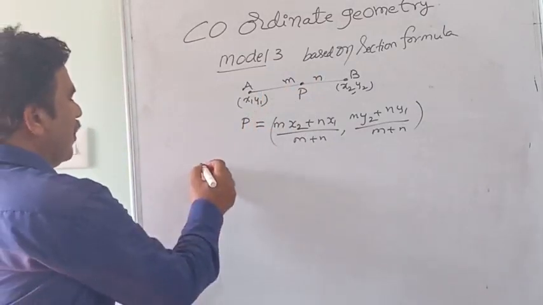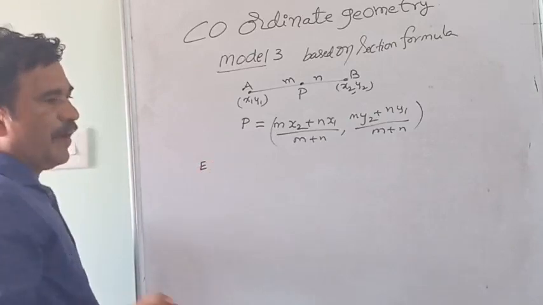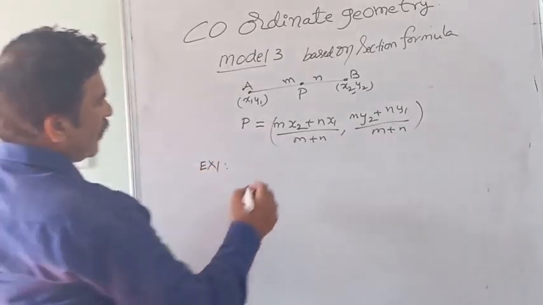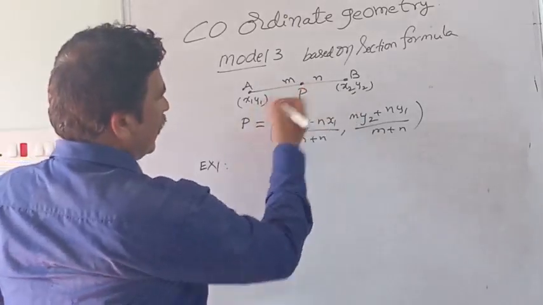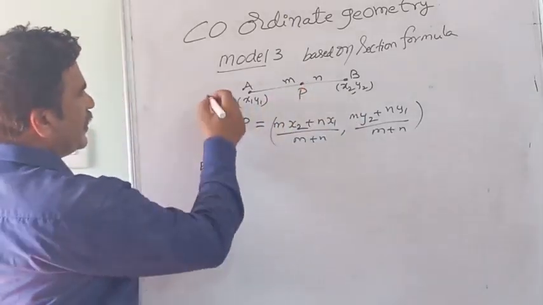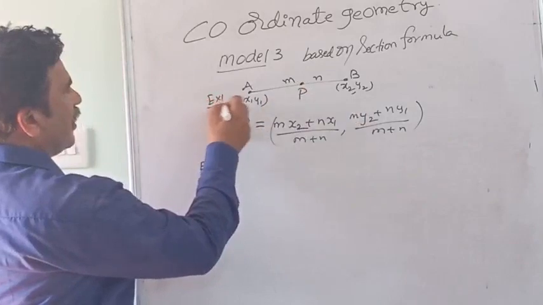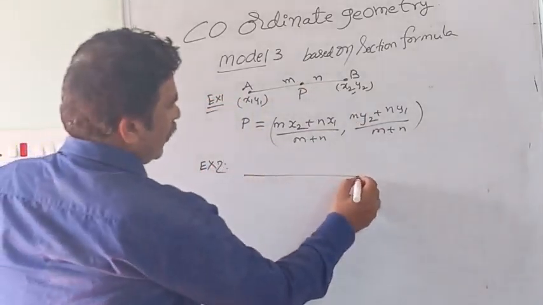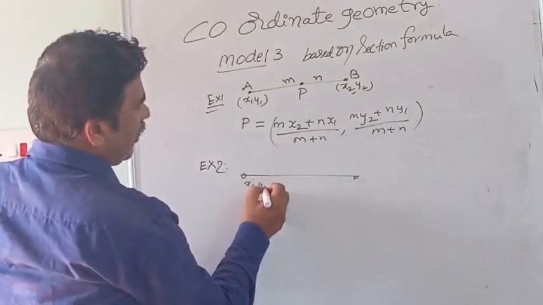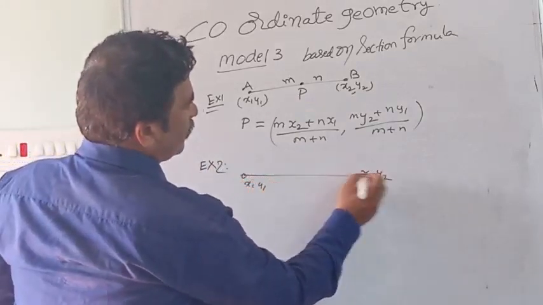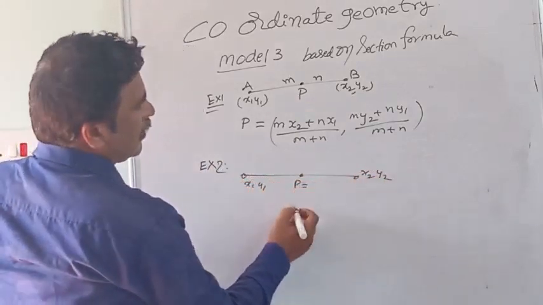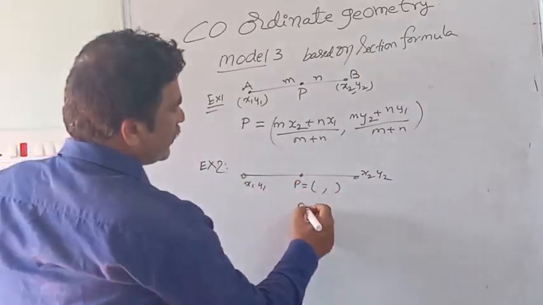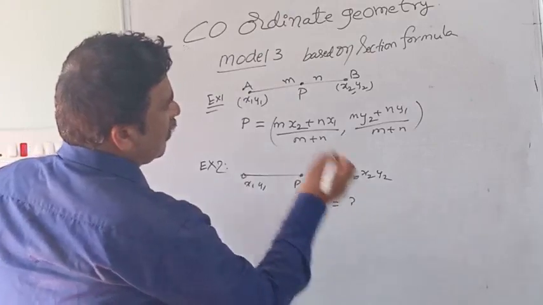Now in these problems there are 4-5 types of questions coming. Example 1, giving points and ratio, then find this. This is type 1, you can say. Type 2, he provides the points x1 y1, x2 y2, and this point also he provides. Then what he is asking is m is to n, question mark.